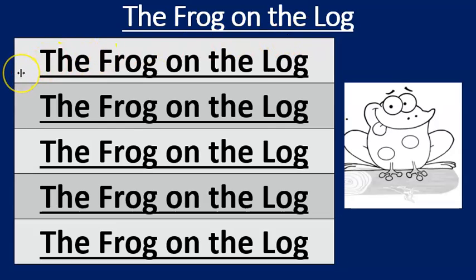Now, you're going to read the title now. Ready? Follow the cursor. When the cursor lands on the word, you say the word. Ready? Go. Okay, let's come here to this second line. Read the title again. Ready? Go. Let's read the next title.